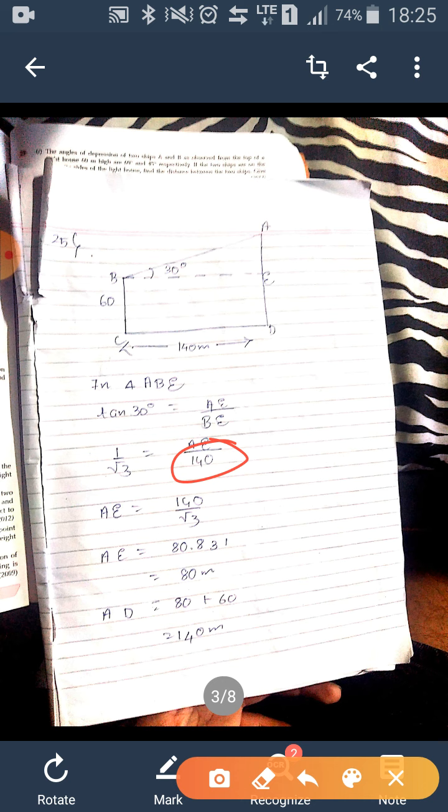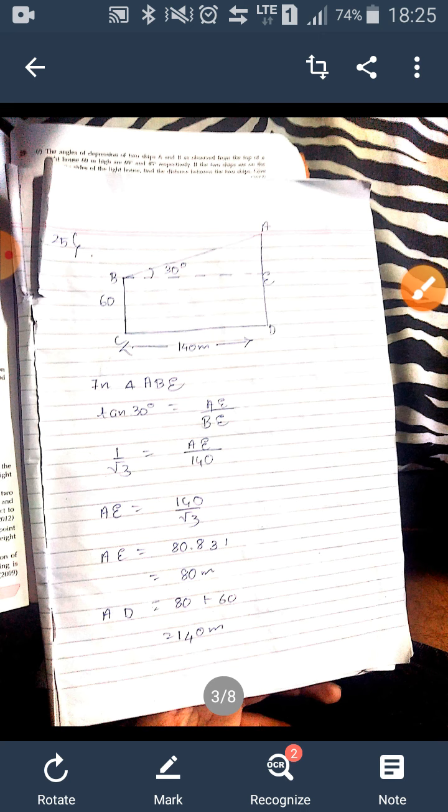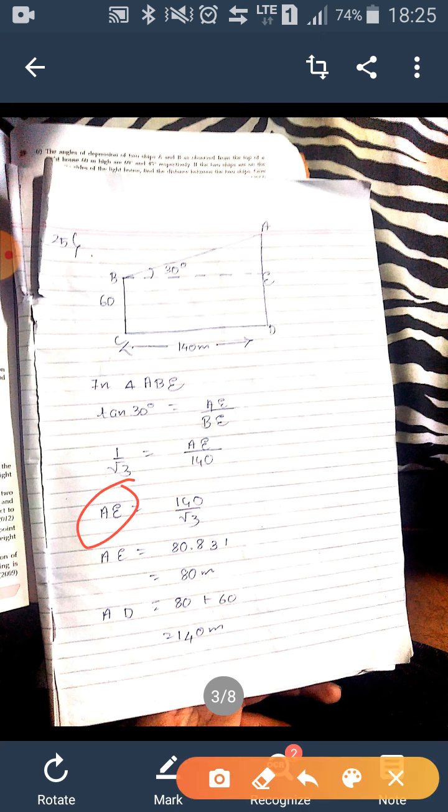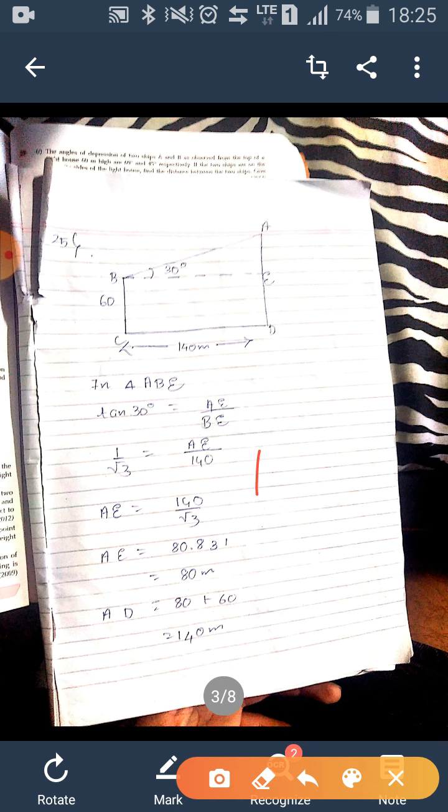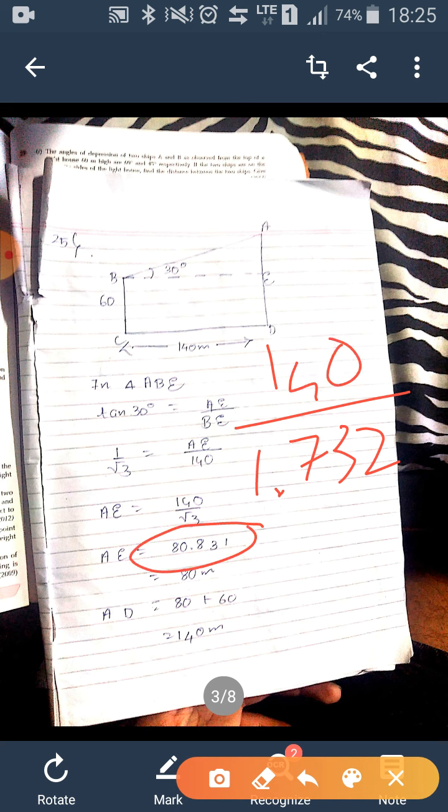Sorry, it's not 40, it's 140. So I write 140 instead of BE, and then I cross multiply and get that AE is equal to 140 by root 3. If you calculate it, the decimal value of root 3 is 1.732, so if you divide 140 by 1.732, you get 80.831.